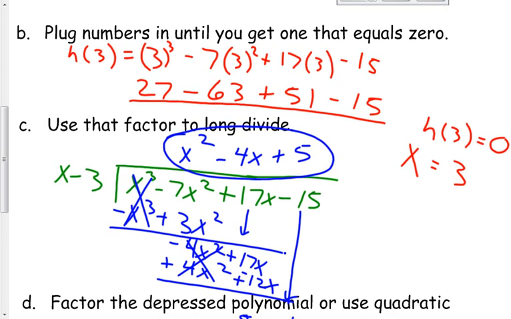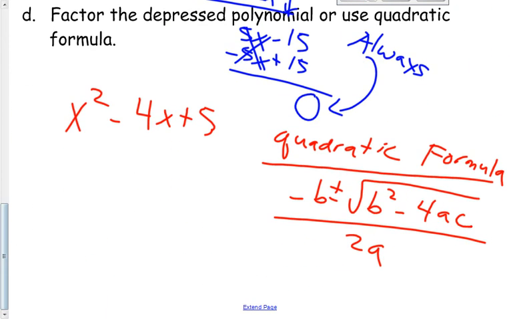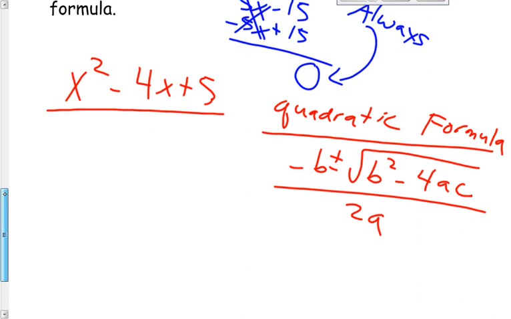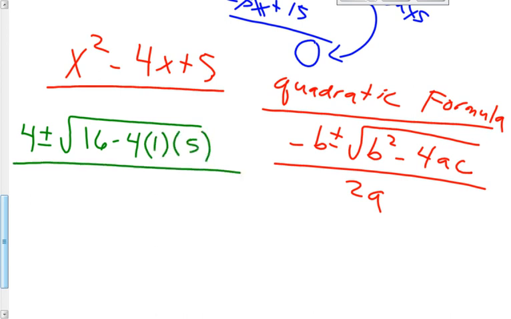So we have one of the factors. One of those factors is x equals 3. There's a total of 3 factors because our degree is 3. So we need 2 more factors, and the 2 more are found by using the quadratic formula right there. So we're going to have a negative b plus or minus the square root of b squared minus 4 times a times c all over 2 times a.